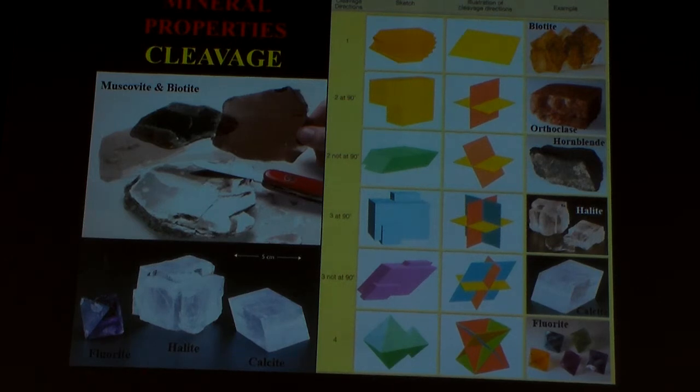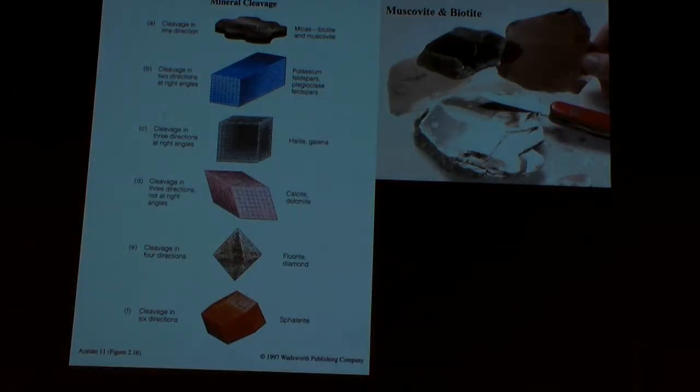Fluorite is a really interesting one. It's the only common mineral that has four directions of cleavage. And if fluorite is really nicely cleaved, it will form these nice little octagons, these eight-sided figures. All right, here's just a different example of cleavage so you can see it.